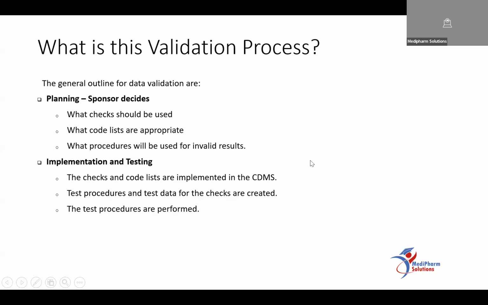So who will decide what has to be written in this validation? For example, the sponsor will decide how many checks, because it first depends on the budget. If there is a database which is being taken from Oracle, for example InForm, the sponsor has to pay a huge amount for using the database, and for creating these edit checks they will be charging some amount.